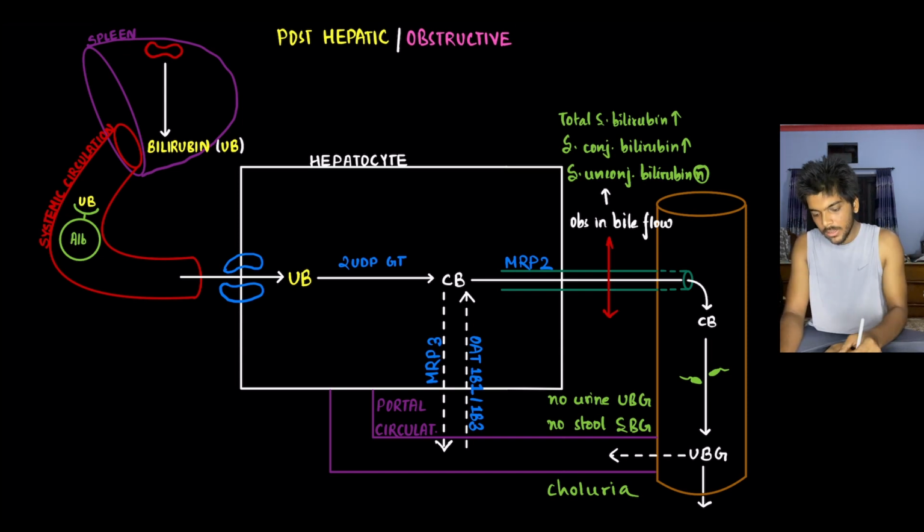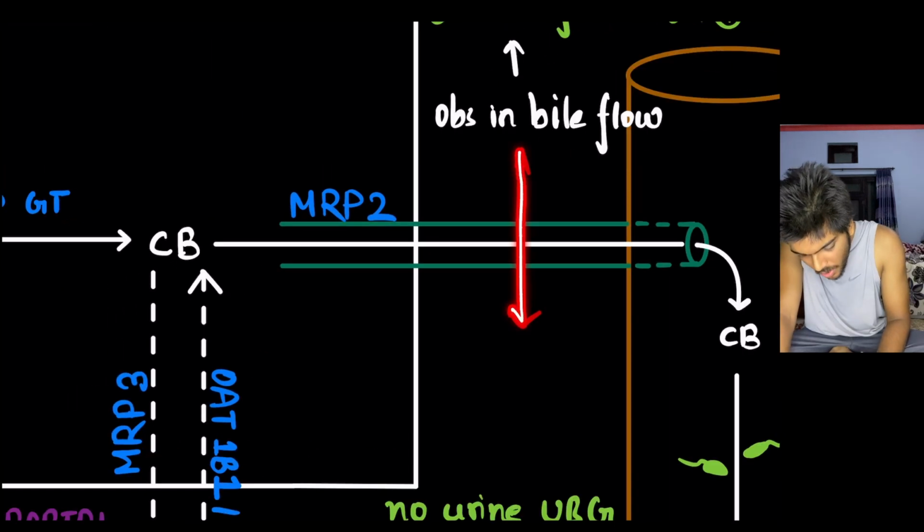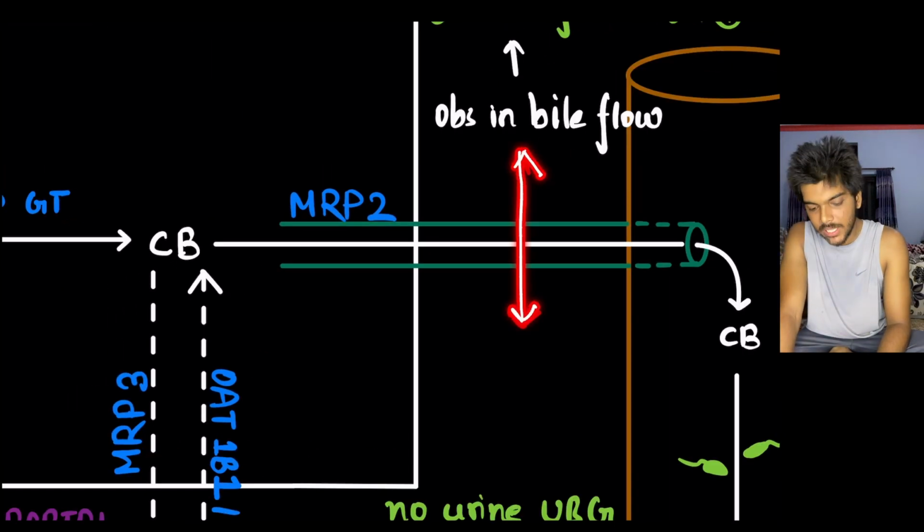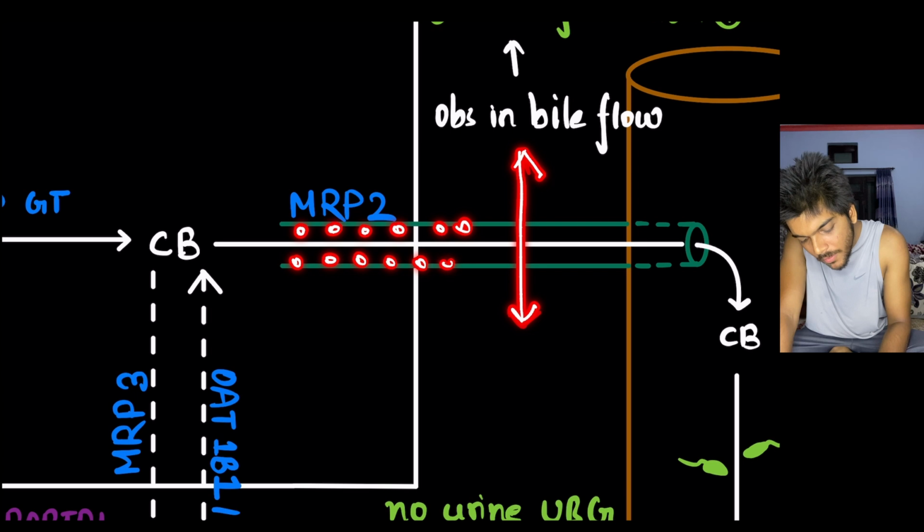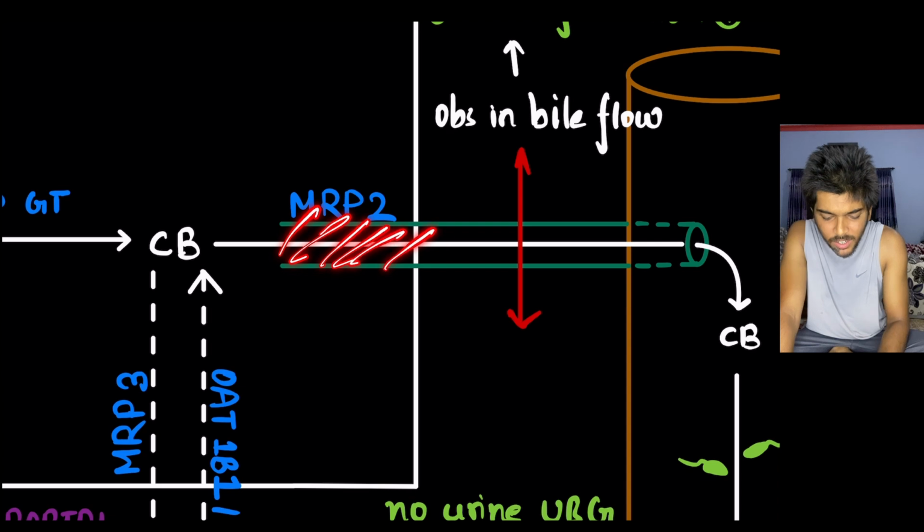Okay. See, since there is obstruction in the bile flow, what is going to happen? The biliary enzymes that are either stuck on the wall of the bile canaliculi or present within the biliary duct system will get acted upon by the bile salts, right? Because there is accumulation of bile, the bile is unable to go forward.